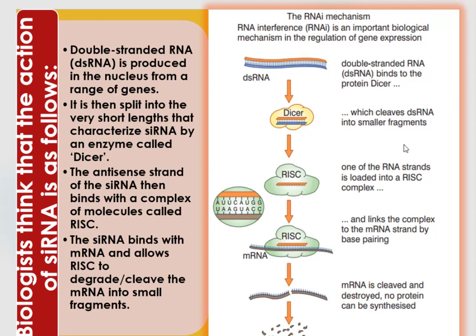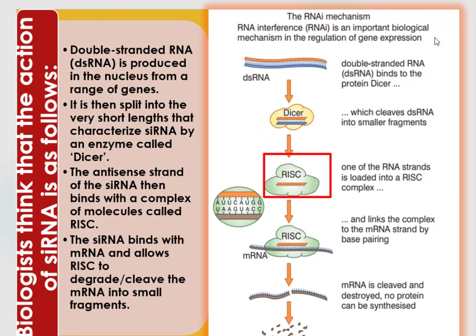Biologists think that the action of short interfering RNA takes place as follows. First, double-stranded RNA is produced in the nucleus from a range of genes. It is then split into the very short lengths that characterize short interfering RNA by an enzyme called dicer.